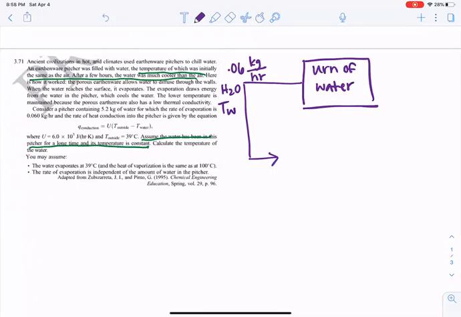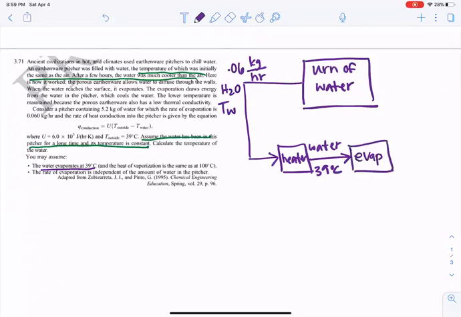And then what happens to that water is it's at T water and it needs to evaporate at 39C. So we first need to heat it from T water to water at 39 degrees C. And then we need to evaporate it. And we end up with water vapor at 39 degrees C.